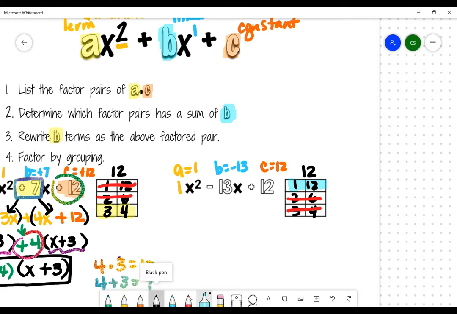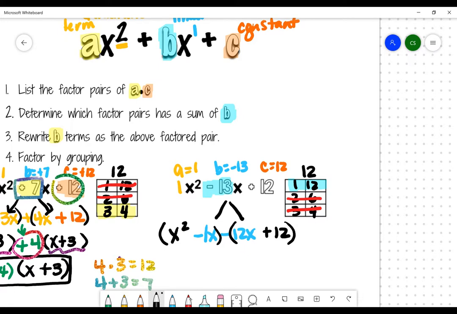So I can rewrite my middle term with 1 and 12, because if I combine them in some kind of way, I should get 13. But what would my signs be? In order for me to add these and get a negative 13, both of my terms would have to be negative, because negative 1 plus negative 12 is negative 13. Now I can factor by grouping.